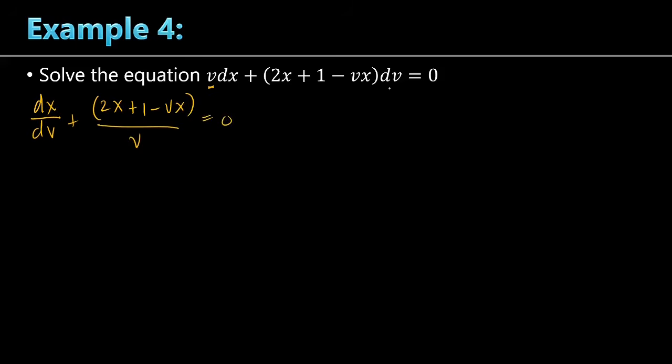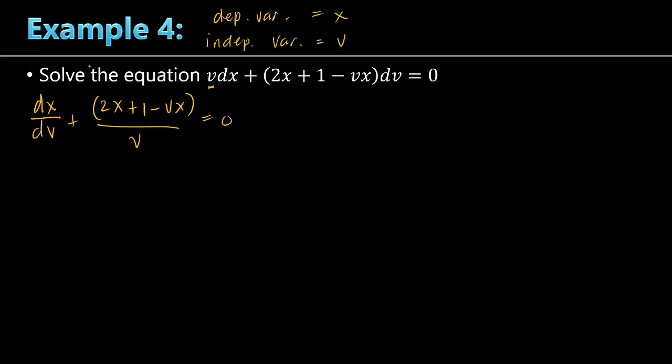Kasi nga, nag-divide tayo both sides ng dv. Okay. So, ito na lang yung matitira dyan. Now, here, what is our dependent variable? Okay. The dependent variable, as we can see, is x. Tapos, ang independent variable ay v.